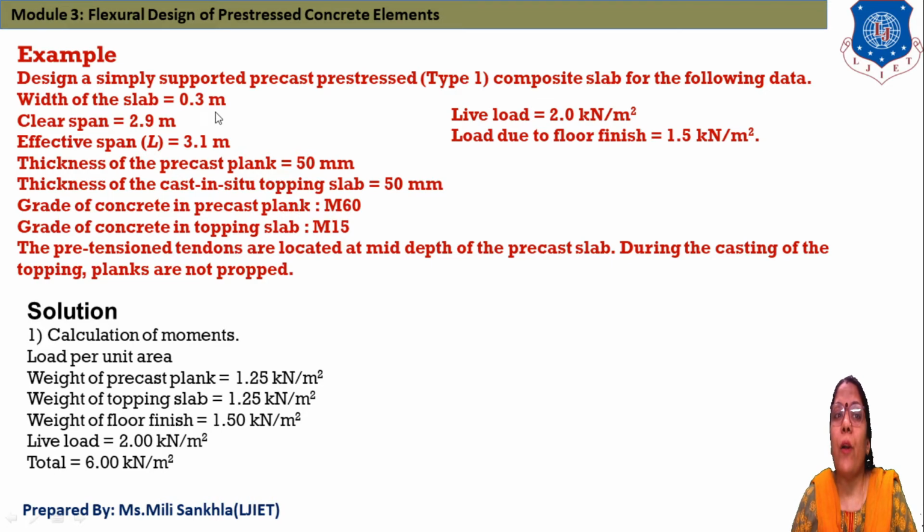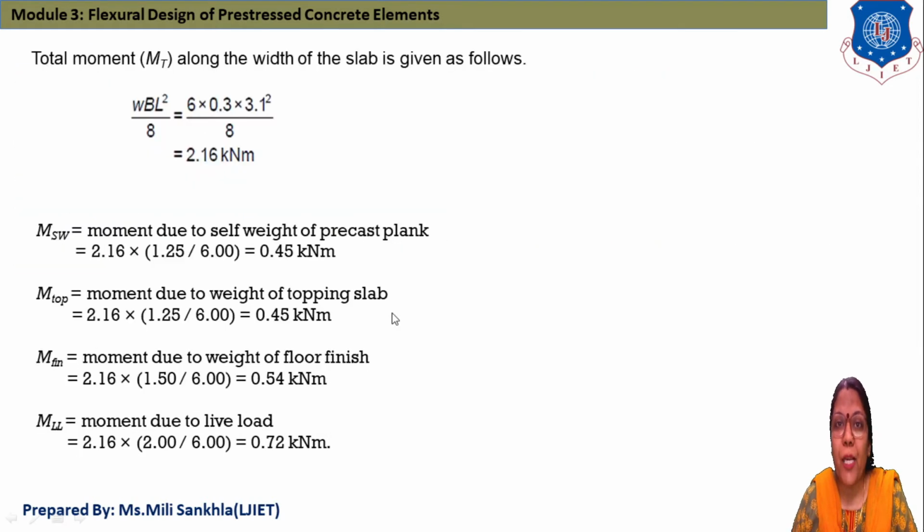The width of this slab is given 0.3 meter. Now we find the total moment along the width of slab.